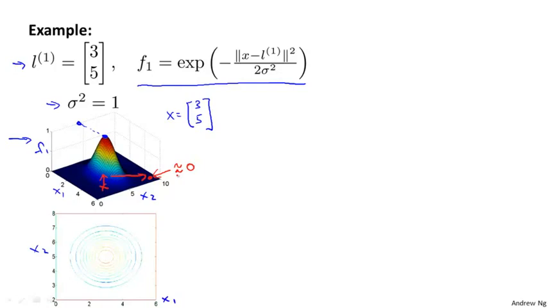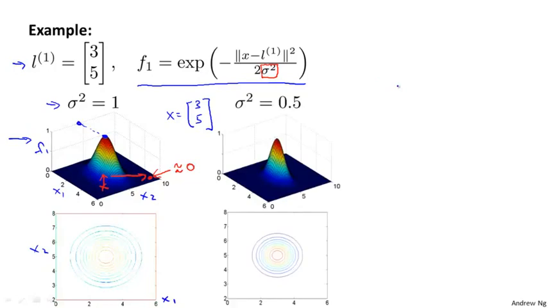Now, the other thing I want to do on this slide is show the effects of varying the parameter sigma squared. Sigma squared is a parameter of the Gaussian kernel, and as you vary it, you get slightly different effects. Let's set sigma squared equal to 0.5 and see what we get. What you find is that the kernel looks similar, except that the width of this bump becomes narrower. The contours shrink a bit too. So if sigma squared equals 0.5, then as you start from x equals 3, 5 and move away, the feature f1 falls to 0 much more rapidly.